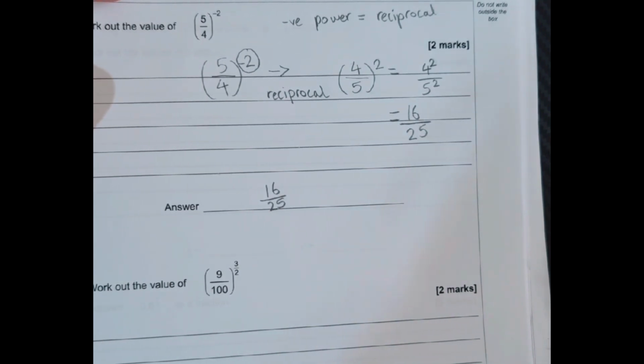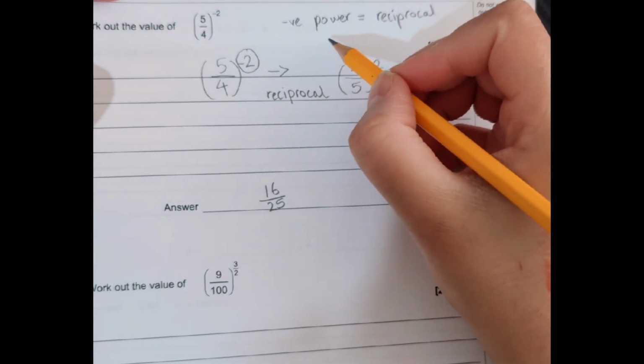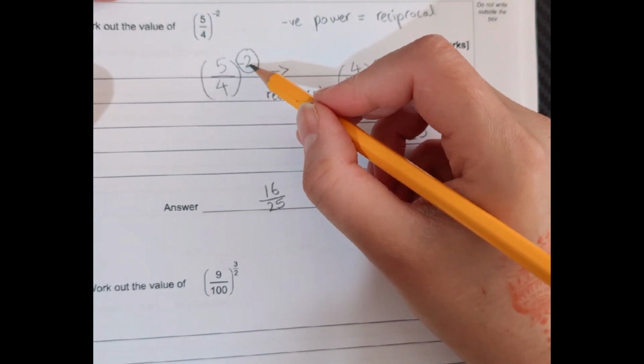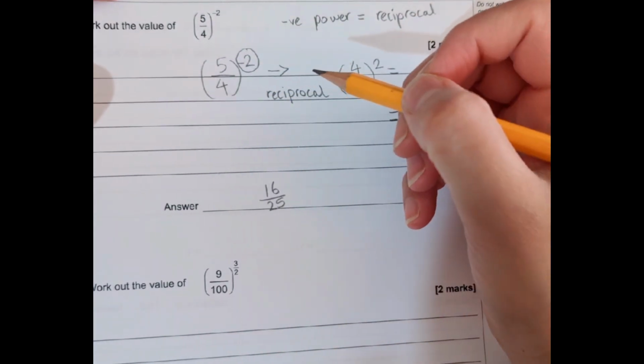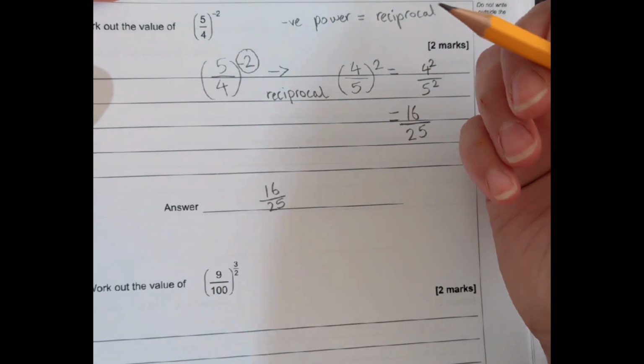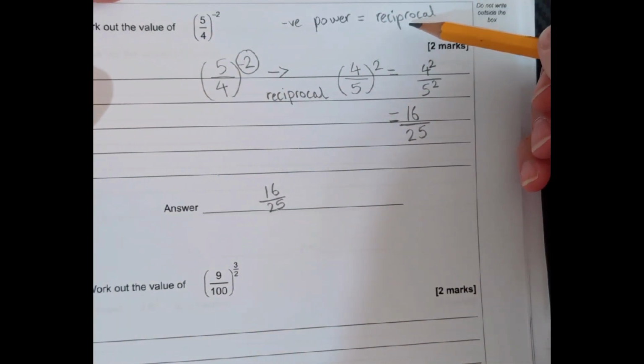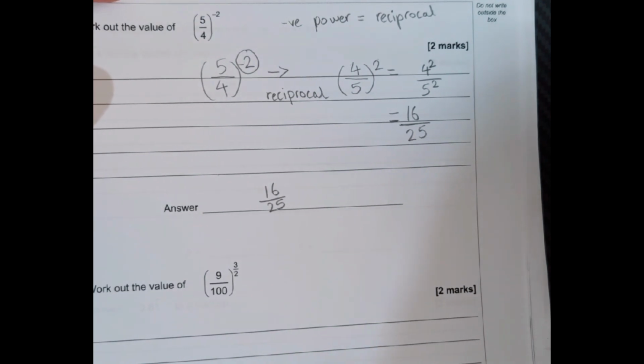Not too bad, this question, I'd say. You just have to remember what happens when you have got a negative power. I know lots of us don't tend to struggle with squares or cubes, but we need to be comfortable with negatives. It just means to find the reciprocal, which means to flip my answer.